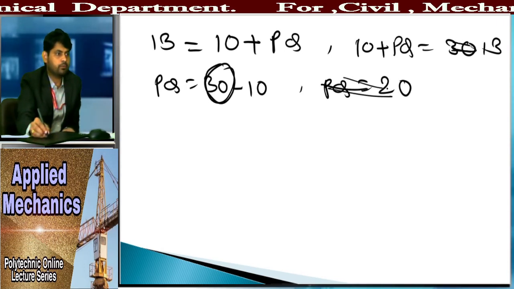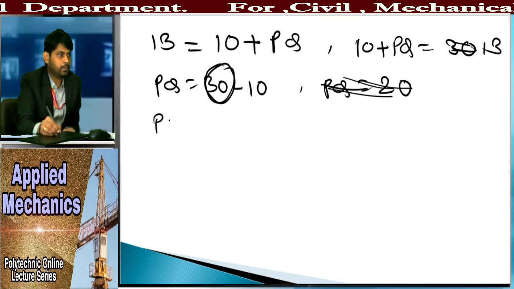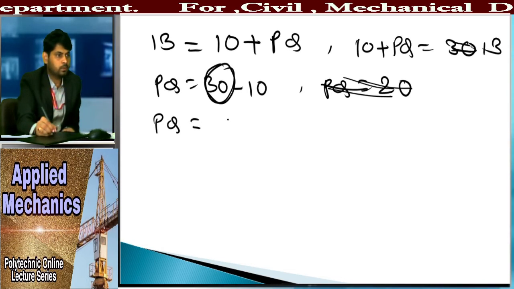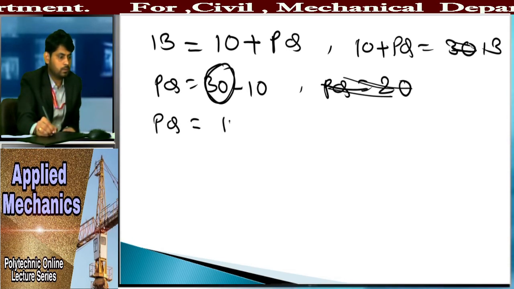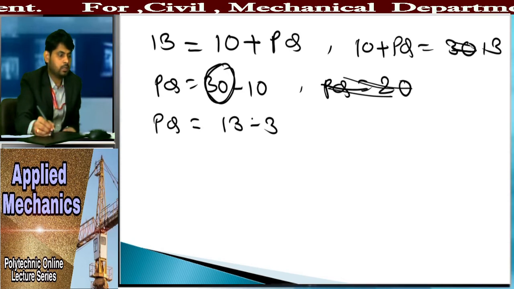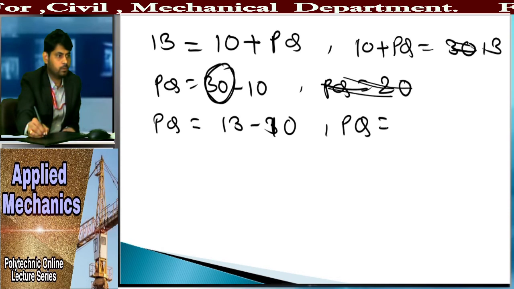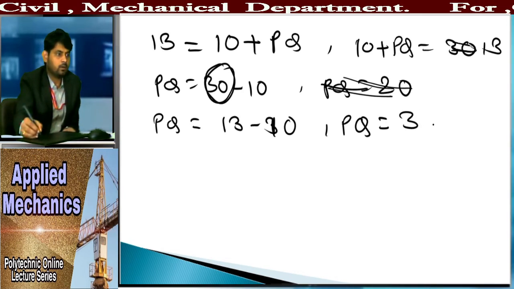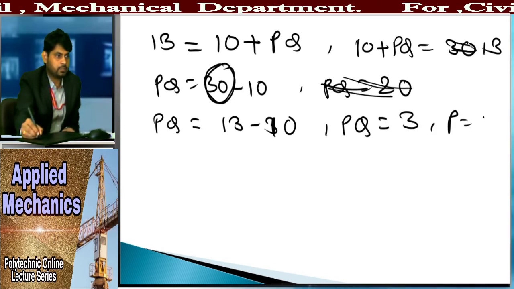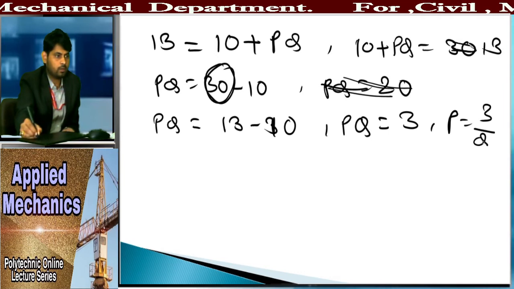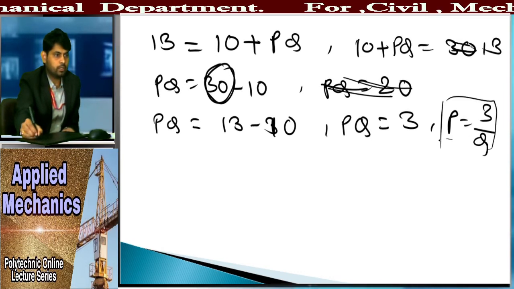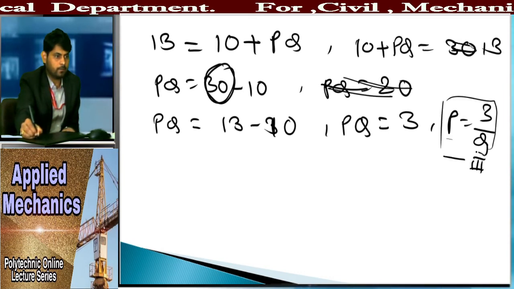Okay, so your equation would be like pq is equal to 13 minus 10. So pq is equal to 3, or you can write p is equal to 3 upon q. So this is your equation number 3.